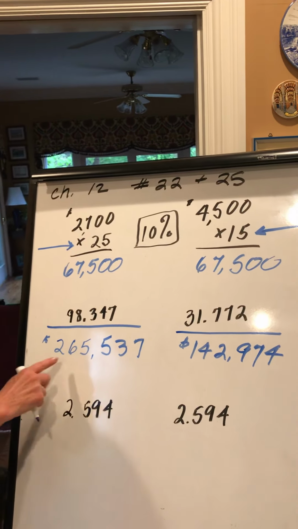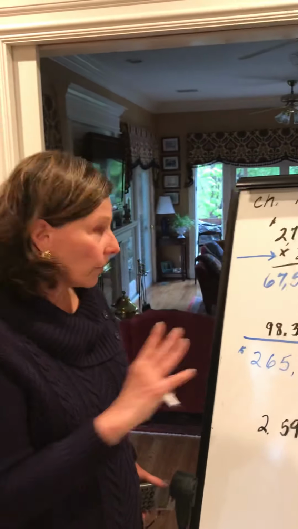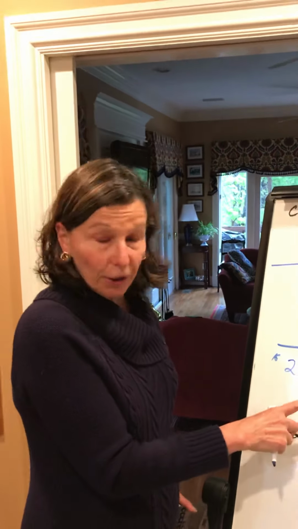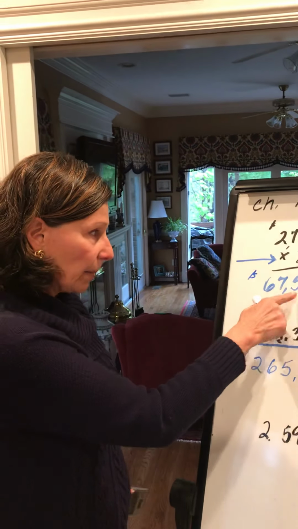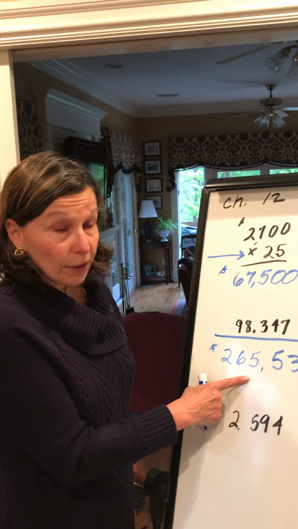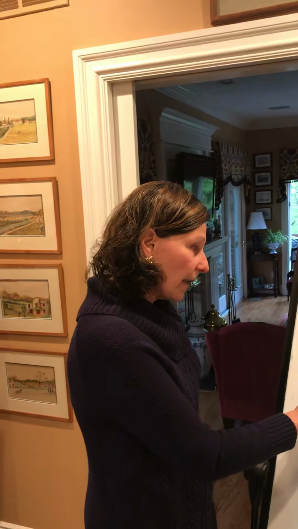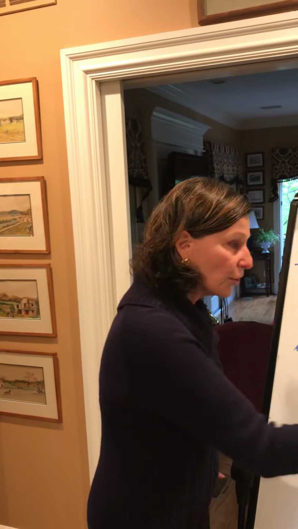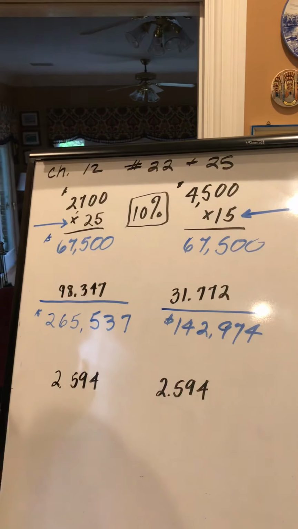So right away we can see a significant difference. Again, the person has put in the same amount of cash, $67,500, but by starting earlier and letting interest compound, the future value is $265,537 versus $143,000, round numbers.